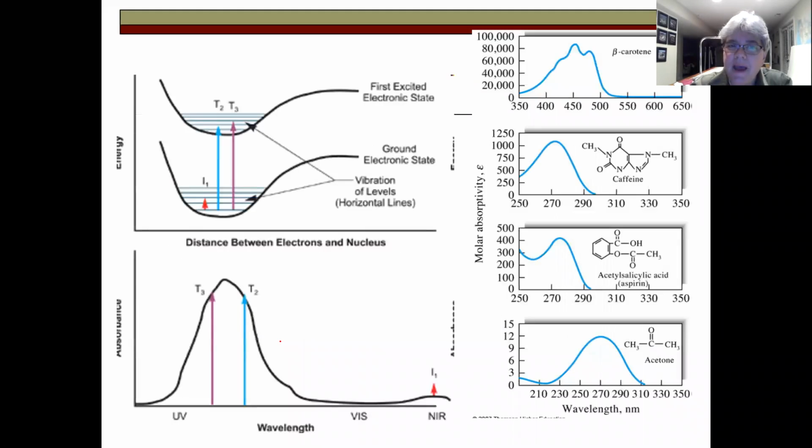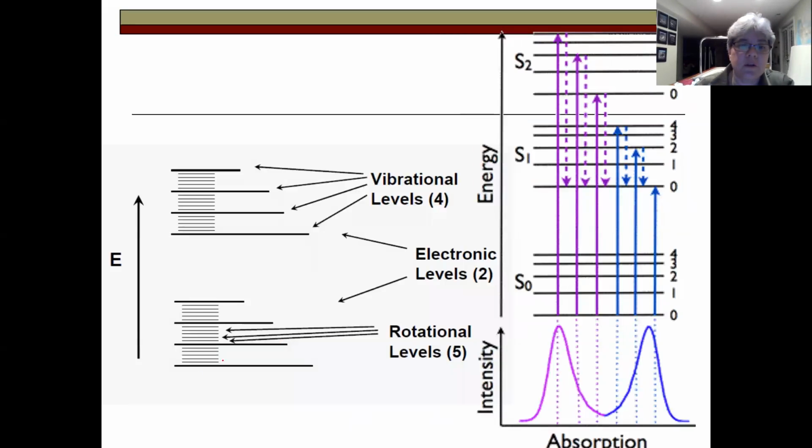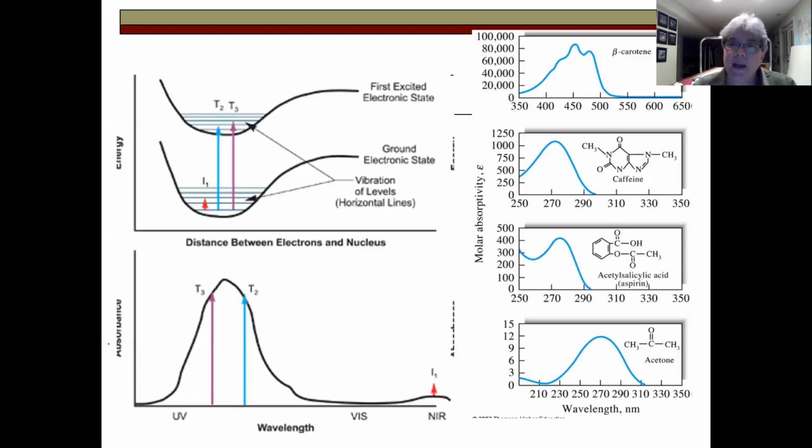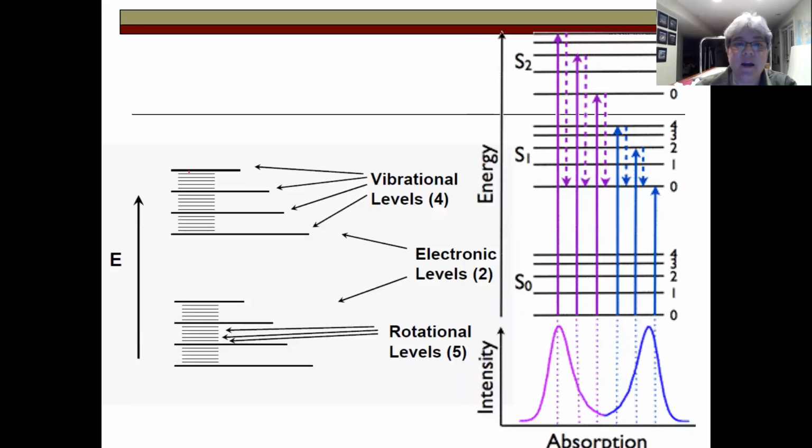Remember, what we really have is all those vibrational levels, and on top of the vibrational levels, all those rotational levels. So when I absorb light, I can absorb up into any of these vibrational levels and into any of these rotational levels, which means that you get a very broad peak. And so UV-Vis spectra are always going to be broad peaks, not lines, broad peaks.